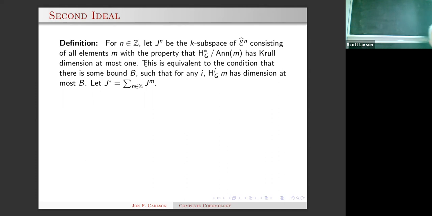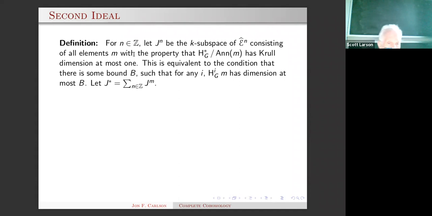What that means is that, as the dimensions grow, an equivalent condition is that there's a bound on the dimensions of Hi of G times the element M. So in other words, as you multiply by higher degree things, there's a bound on the dimension in each degree. And again, you sum these up.